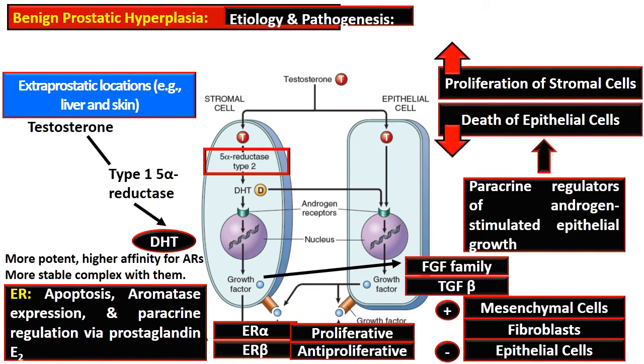The alpha receptor has a proliferative effect, while the beta estrogen receptor has an anti-proliferative effect on these cells. Effects of estrogen on the prostate are mediated by multiple mechanisms, and these mechanisms are apoptosis, aromatase expression, and paracrine regulation via prostaglandin E2.